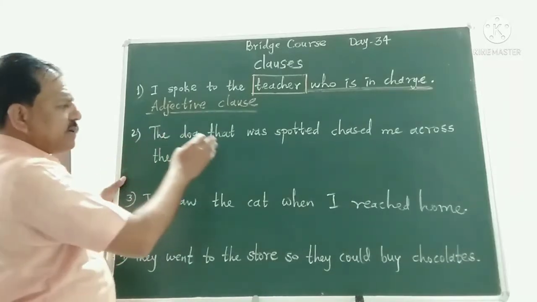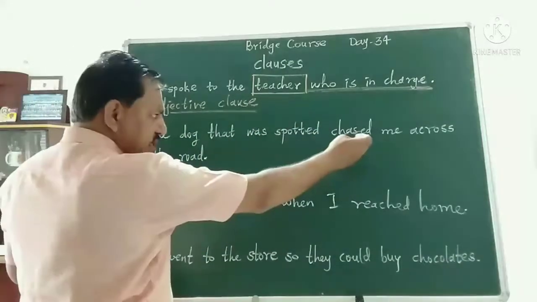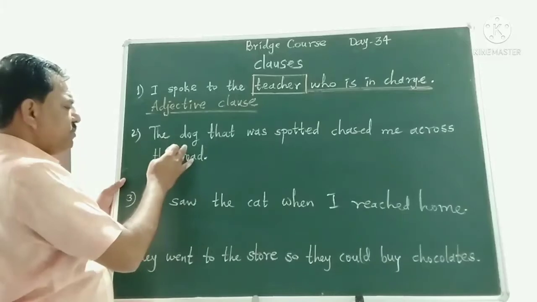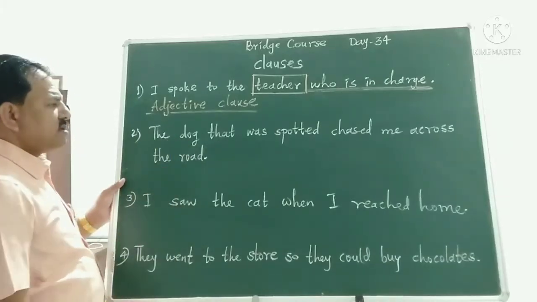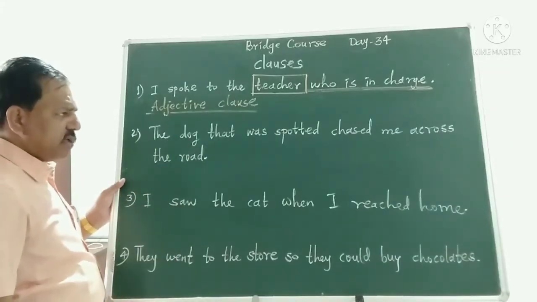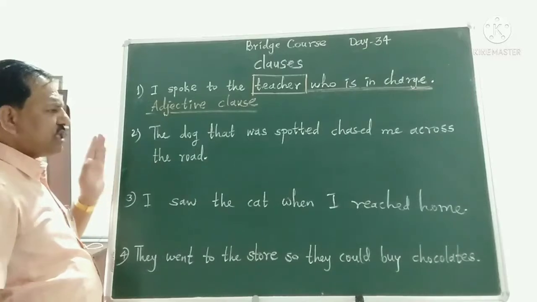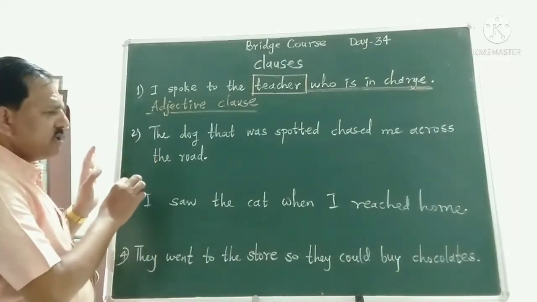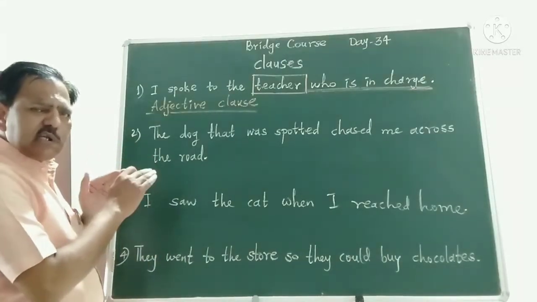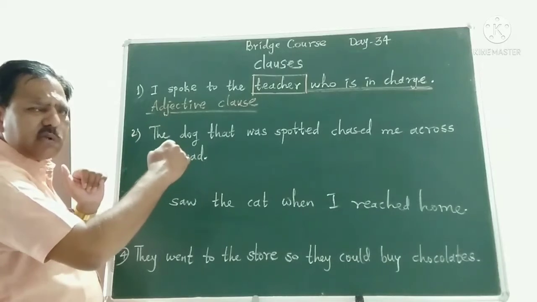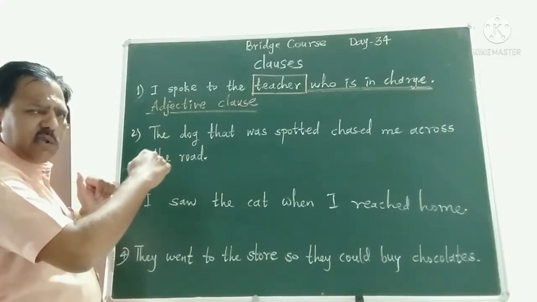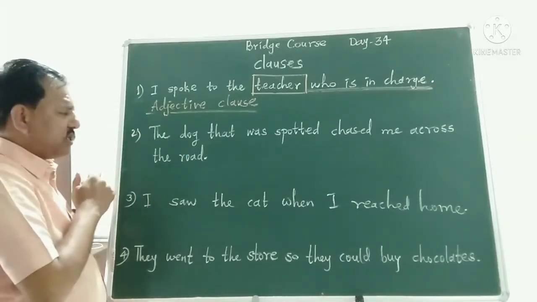The dog that was spotted chased me across the road. Now this is sandwiched, because the subordinate clause is inserted in between the main clause, between the subject and predicate of main clause.